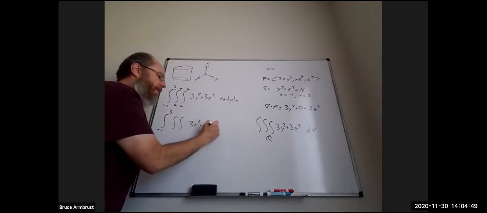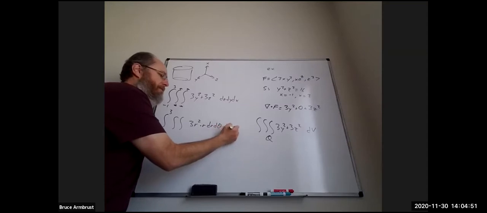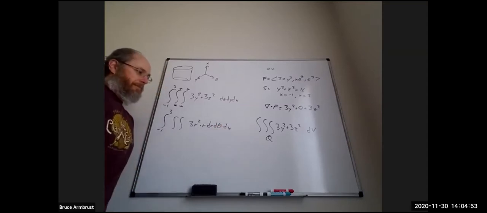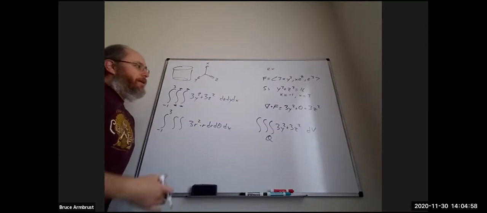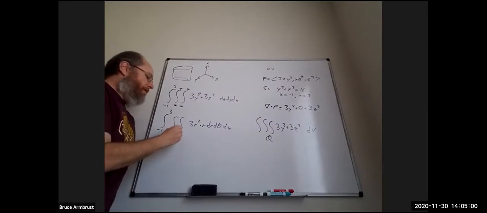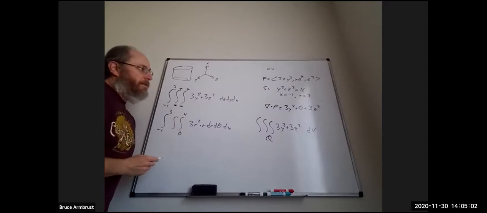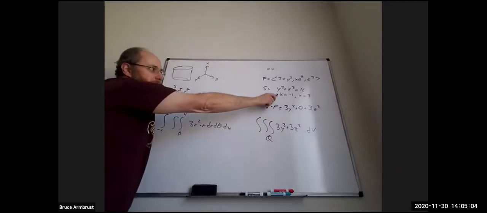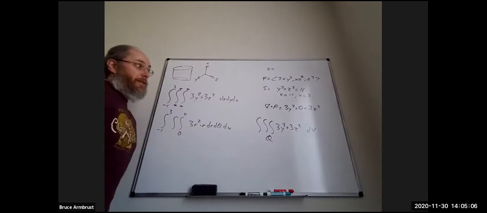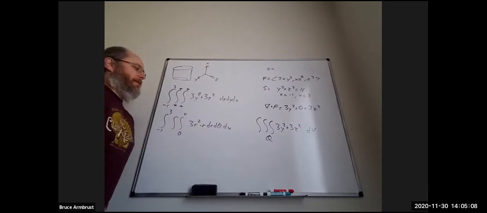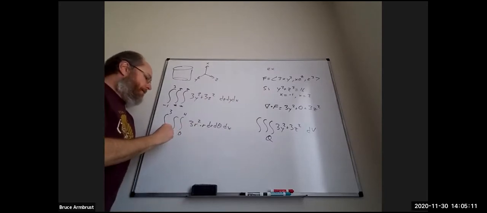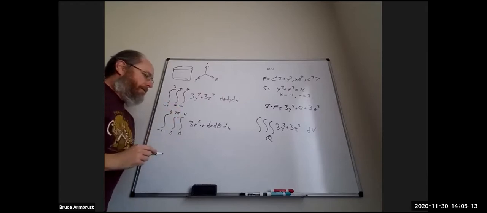We need an r dr d theta. So then the r's, those bounds are going to go from 0 to 4. Because again, remember our cylinder was y squared plus z squared equals 16. And our thetas, excuse me, are 0 to 2 pi.